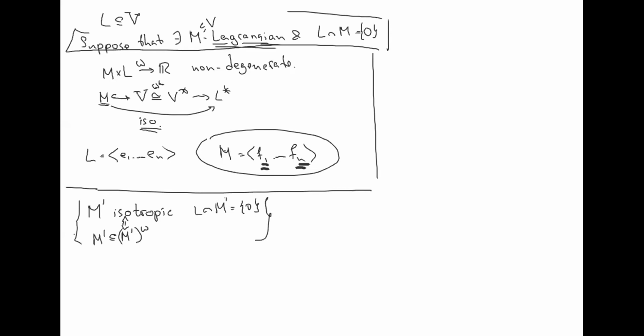Then take M from here which is maximal, namely, it is not contained in any larger isotropic subspace. And I claim then M is Lagrangian.